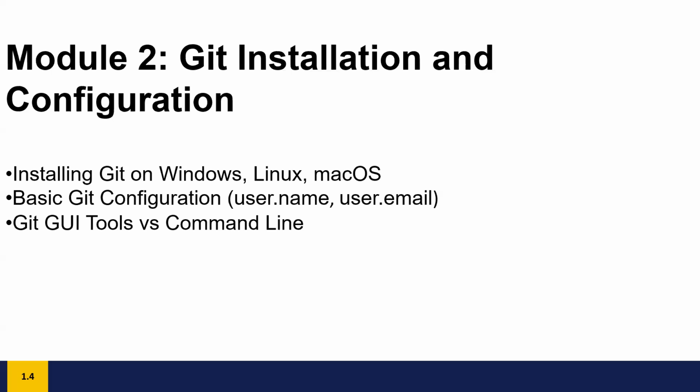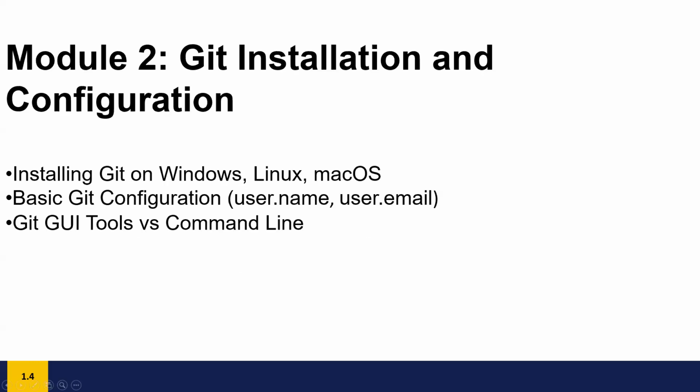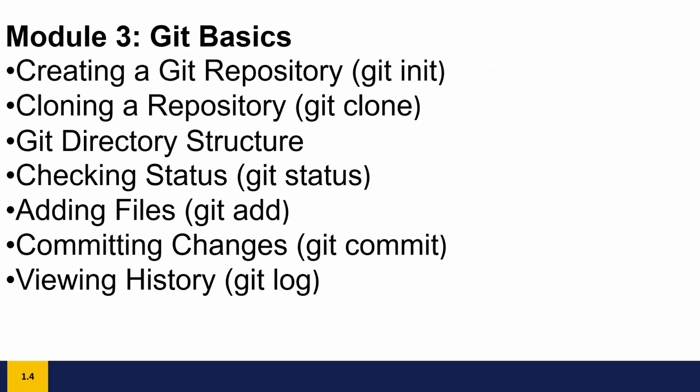In the Git GUI tools, we'll discuss VS Code and Eclipse, guys. I will show you how developers clone their repository in Git using Eclipse, and VS Code also, and the command line also.